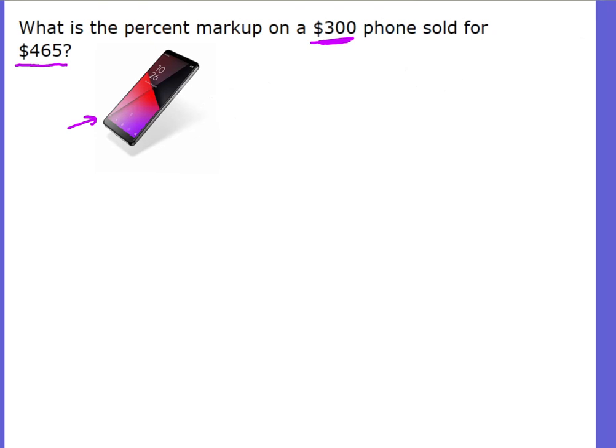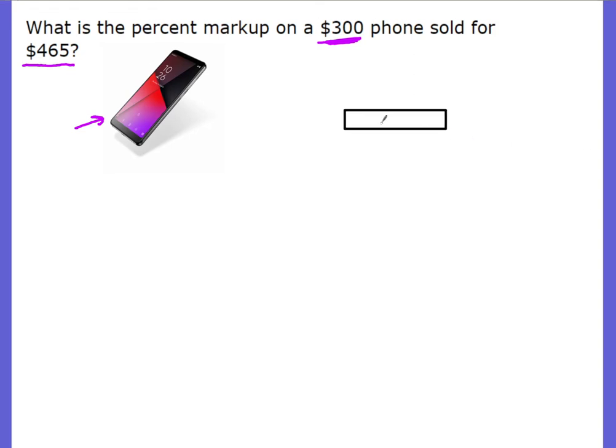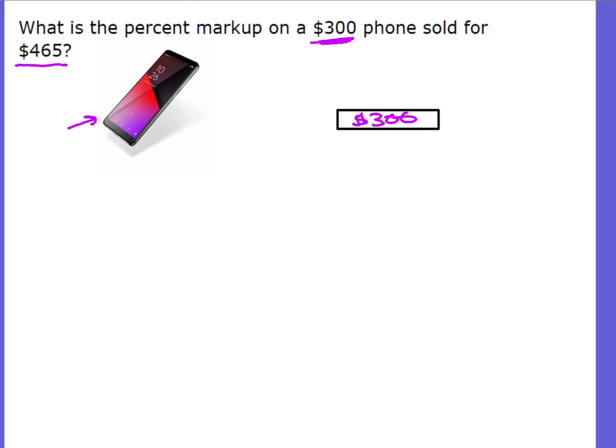So I'm going to start and just draw a bar chart. We'll do a first bar, and we'll say that bar represents what they bought the cell phone for, so $300. Then I'm going to come over here and grab another bar, and of course we want to make it bigger because they're marking it up.